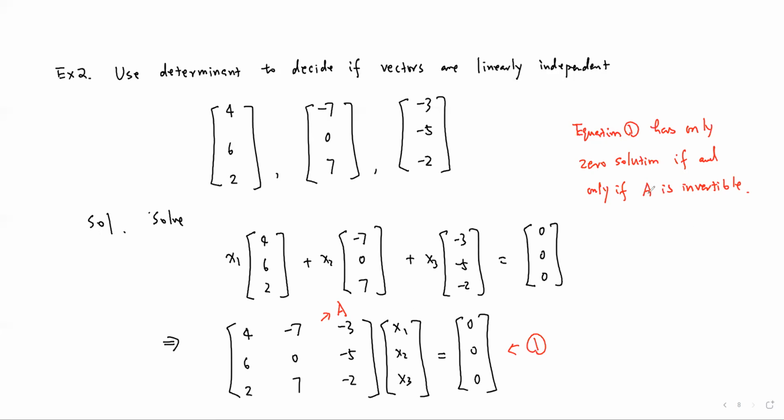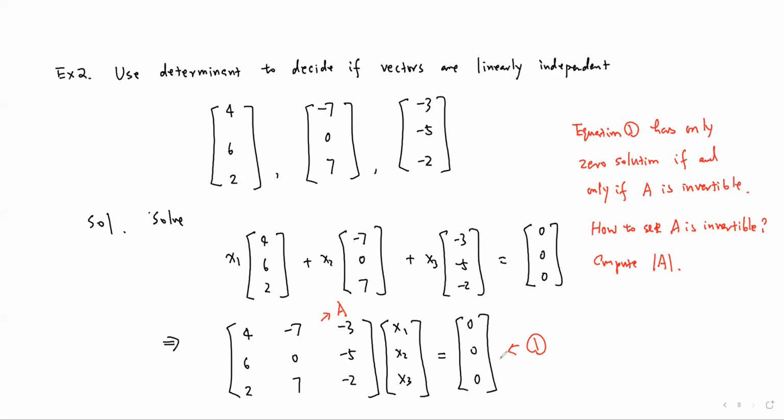Okay, now how to see matrix A is invertible? Compute the determinant. If the determinant is non-zero, then A is invertible.